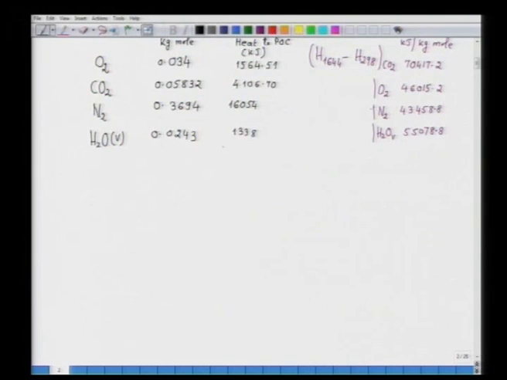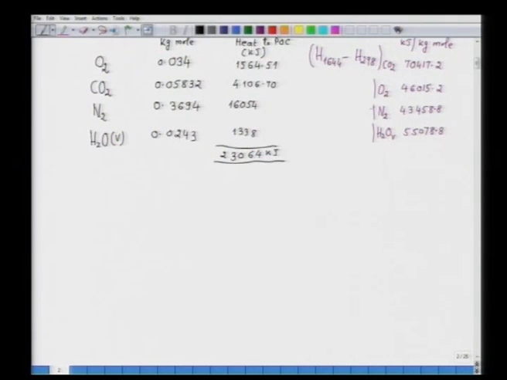So, if I sum them all, I will get 23064 kilojoule. Now, I know this is the heat to POC.